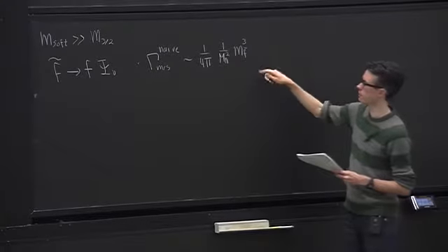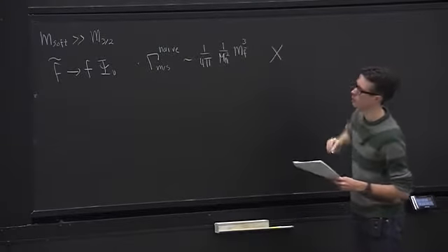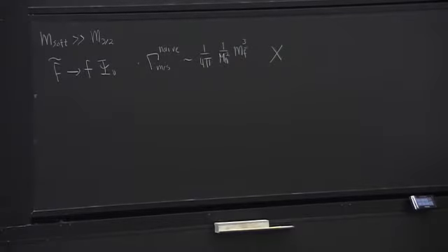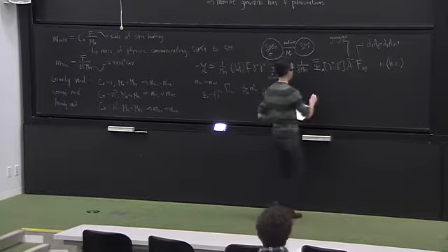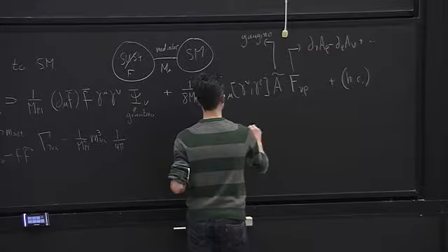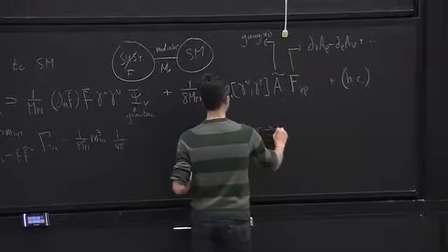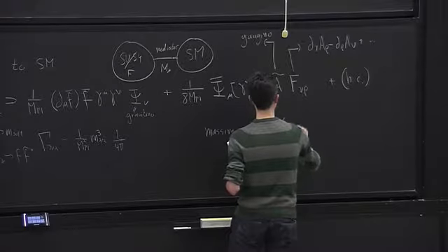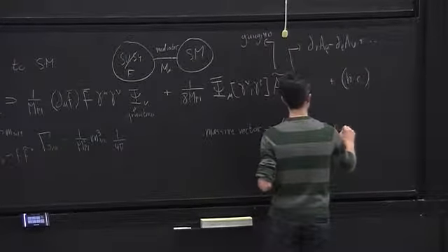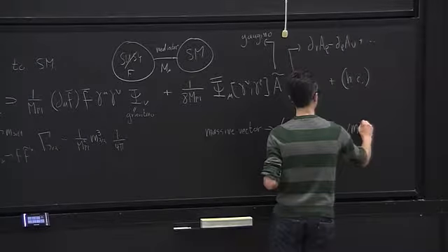It turns out that this is not quite right, for a slightly subtle reason: when I compute with the gravitino, I have to do polarization sums. If you remember doing polarization sums with a massive vector, you get a factor of minus eta mu nu plus p mu p nu over the vector mass squared.